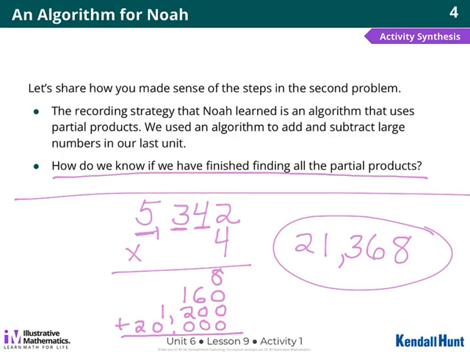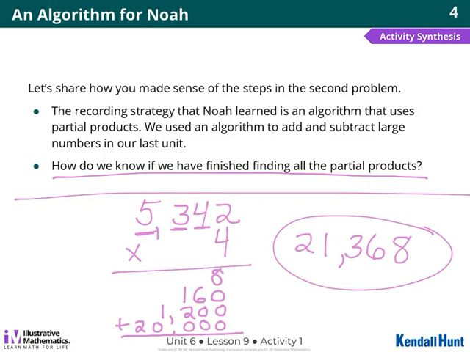So guys, the reason it's important to understand Noah's strategy is it's using place value, but it's also showing you how important it is to line up your digits. Because if they're not in the right place, you're going to get the wrong answer, right? Okay.